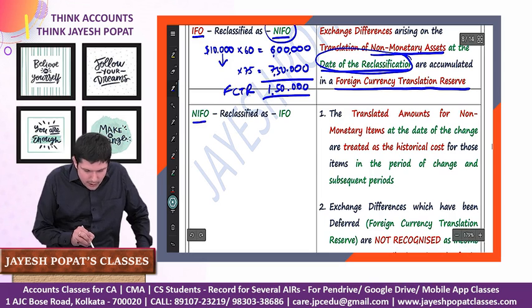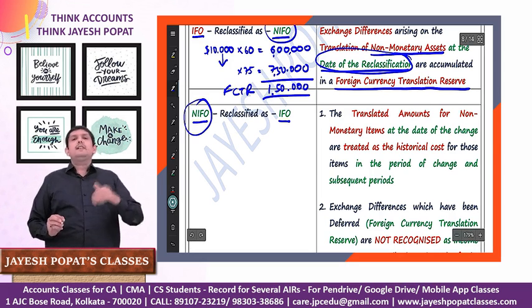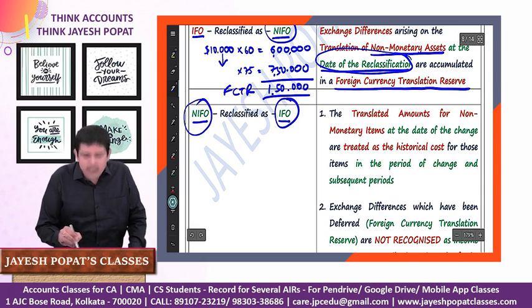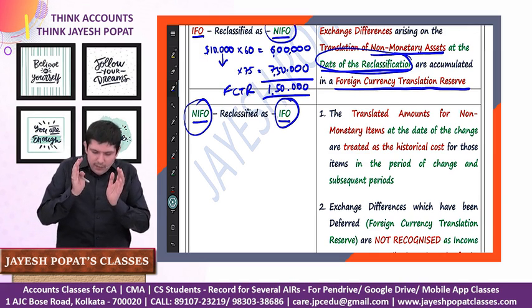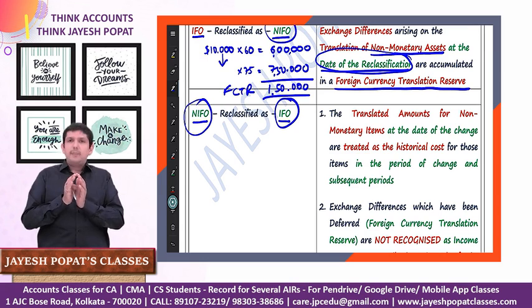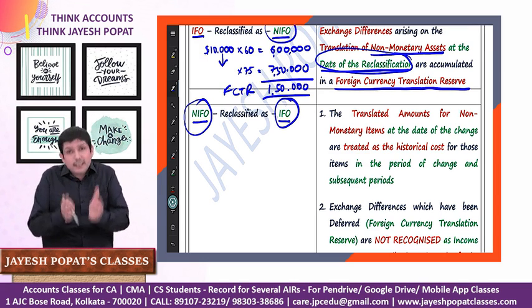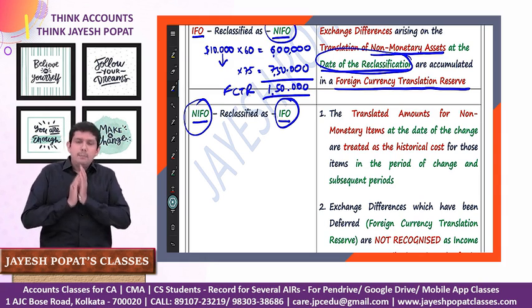Similarly, when you are converting your non-integral to integral: in case of non-integral you restate your fixed asset at the closing rate at each balance sheet, while in case of integral you don't restate. So whatever value the fixed assets are appearing at in the trial balance of the non-integral operation, which is obviously the restated value, consider it as historical cost and carry it forward in your balance sheet.